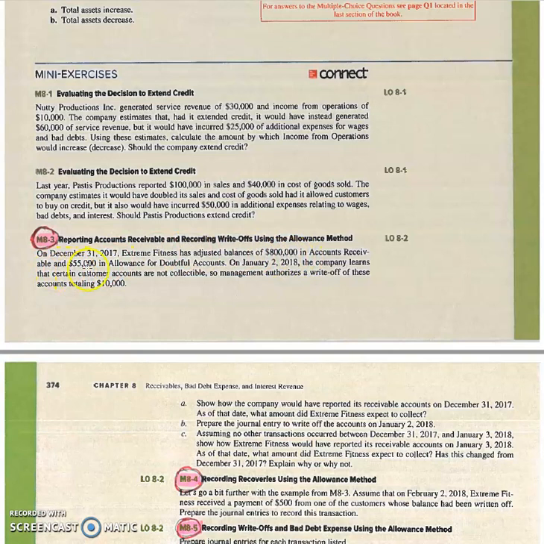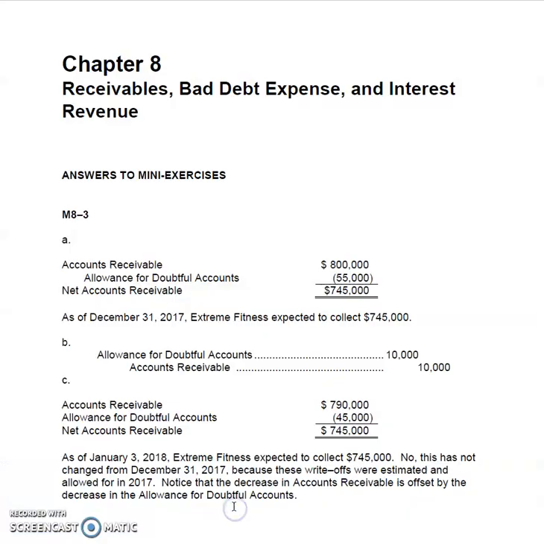They would have shown a reduction of that by the allowance for doubtful accounts of $55,000, and net accounts receivable of $745,000. So what would they have shown on the balance sheet? It would have shown accounts receivable net of $745,000, and that's the amount they expected to collect.